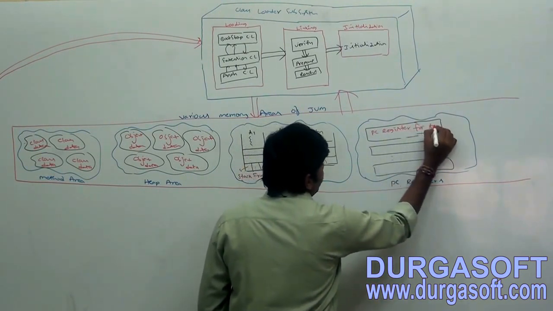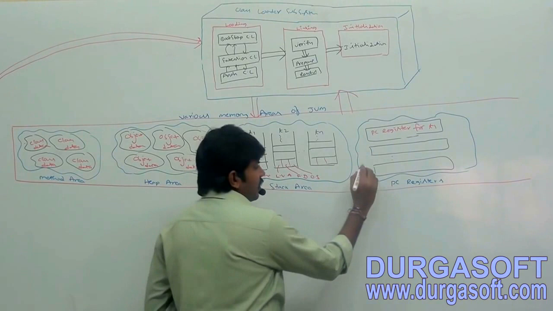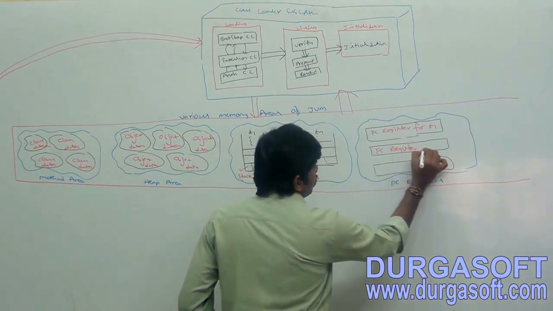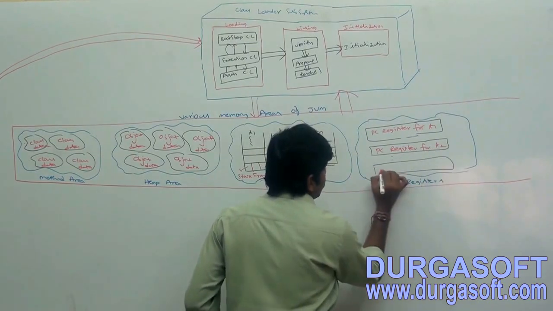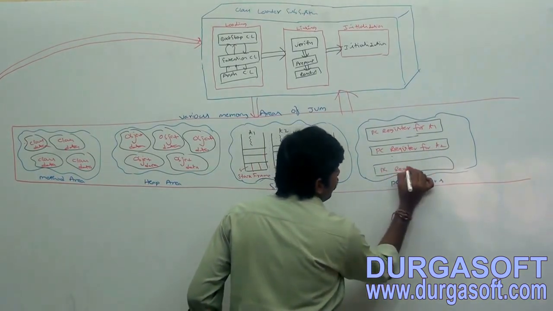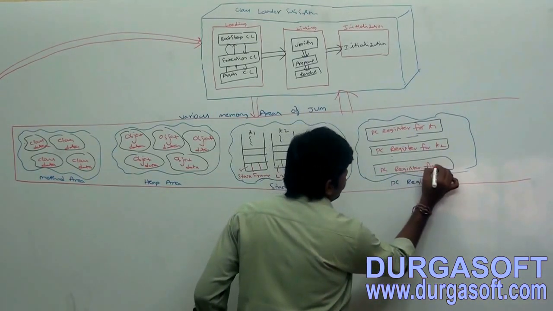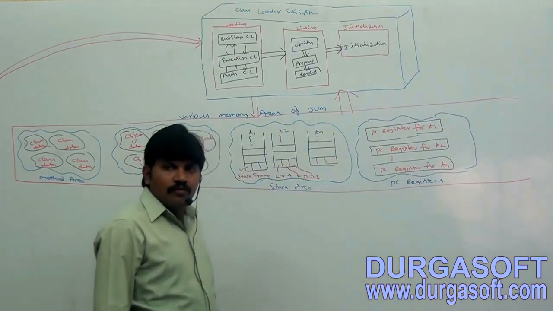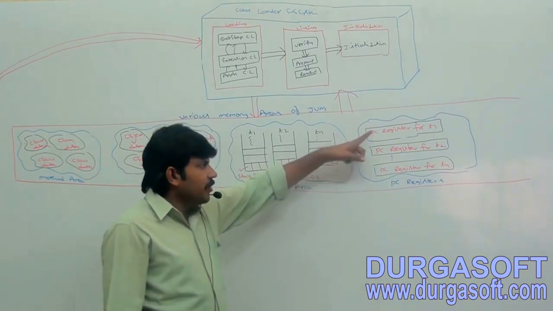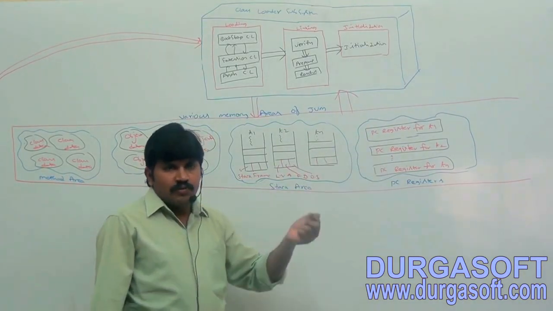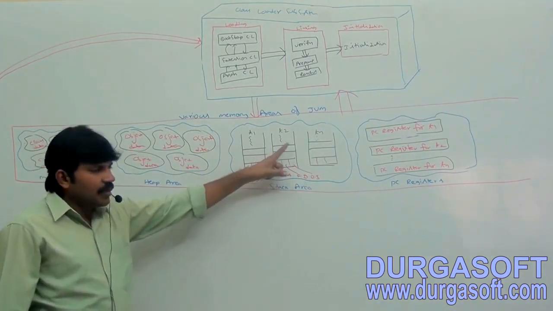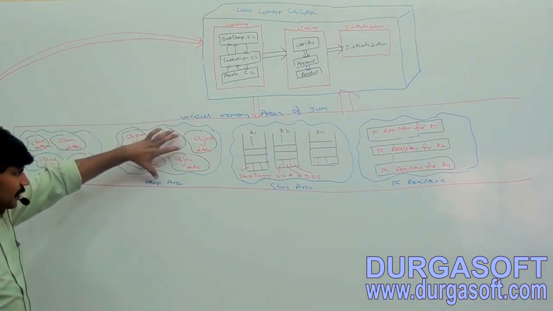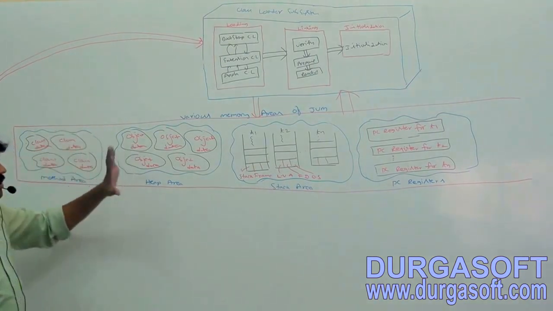Because for every thread a separate PC register will be created, and for every thread a separate runtime stack will be created, but for the total JVM, one heap area and one method area by default will be there.